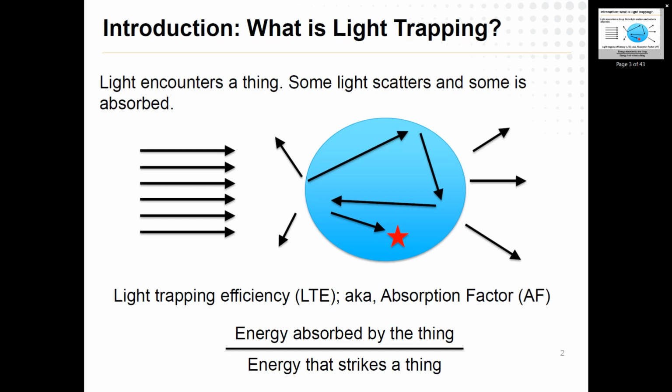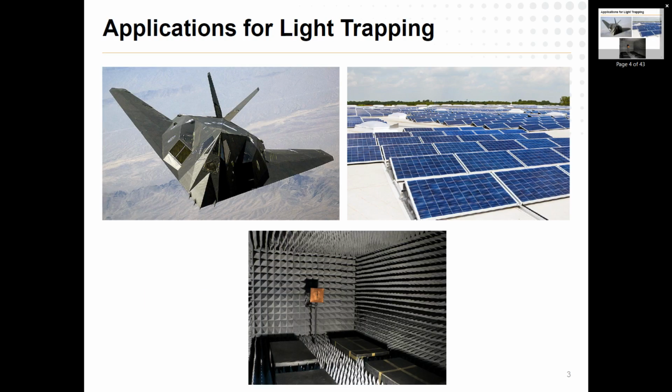A single photon comes into this area, and what is the probability of that photon getting absorbed in it versus scattering away and passing through? Same idea, and we're going to sort of just treat the classical perspective and the quantum perspective interchangeably. So hopefully that won't get very confusing, but that's just kind of how optics is at the end of the day. So what are some applications for light trapping?